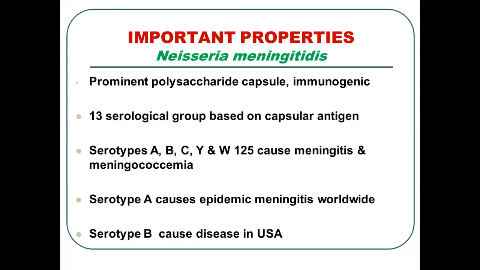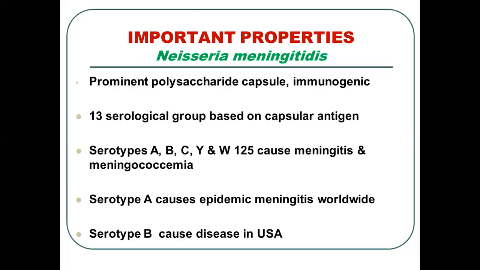Serotype B causes disease mainly in the USA, and the rest of the world is not as prone to this serotype. Serotype B is not a component of the universally used vaccine against Neisseria meningitidis.